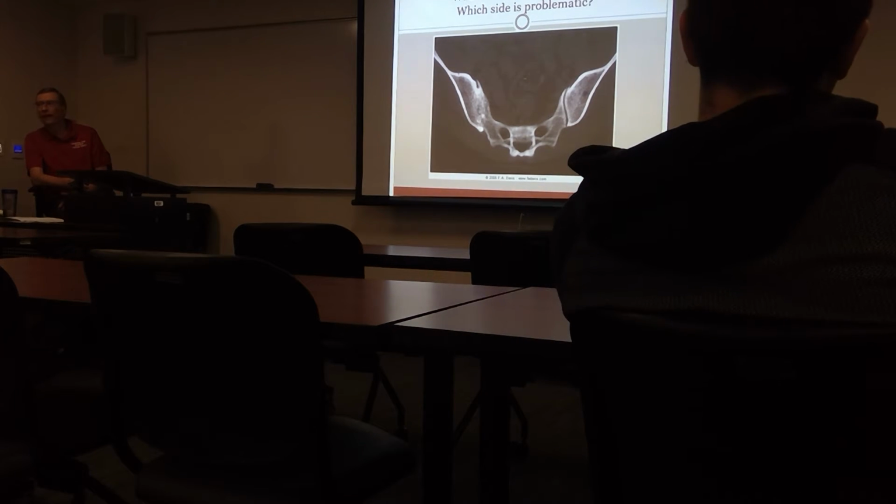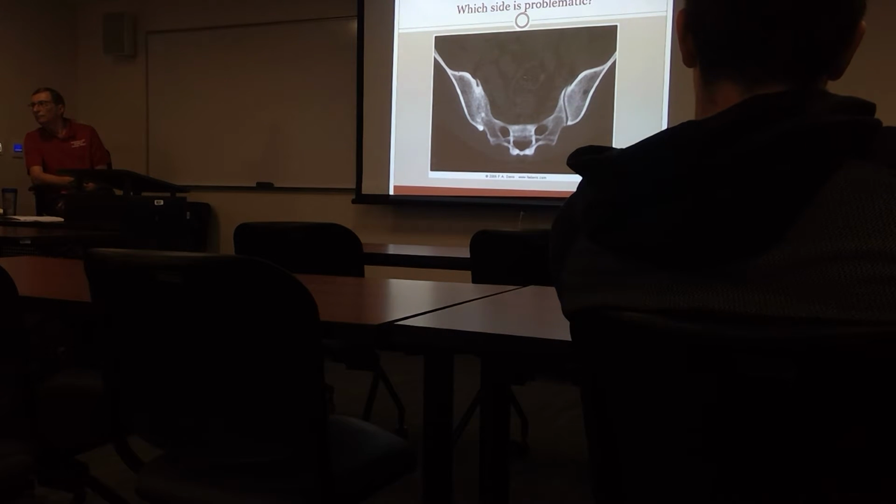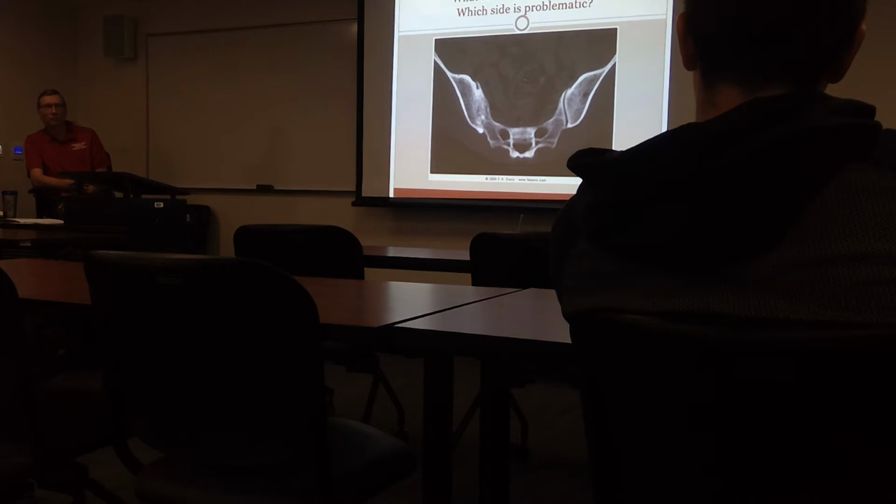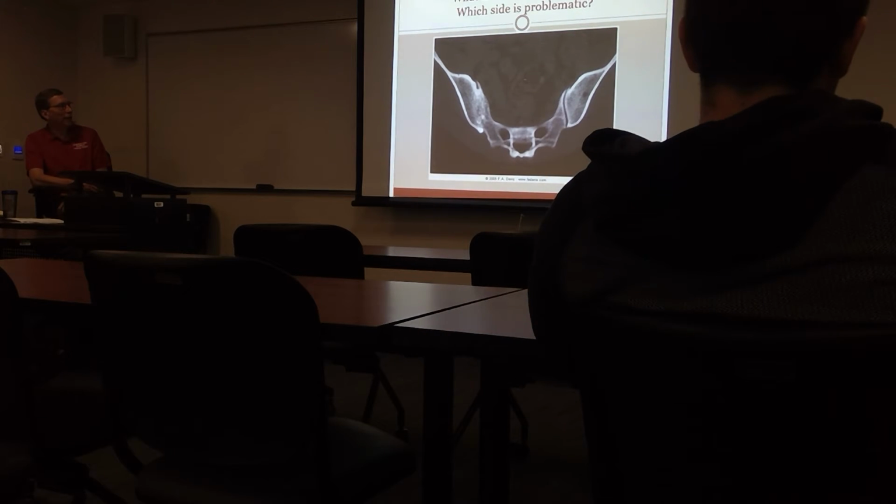Tuberculosis, remember that? Talked about that. What's another one? Less common in the SI joint, more common in the great toe. Gout. But either way, this is a perfectly normal left SI joint and a nondescript obliterated right SI joint. Okay? And that's all we can say.